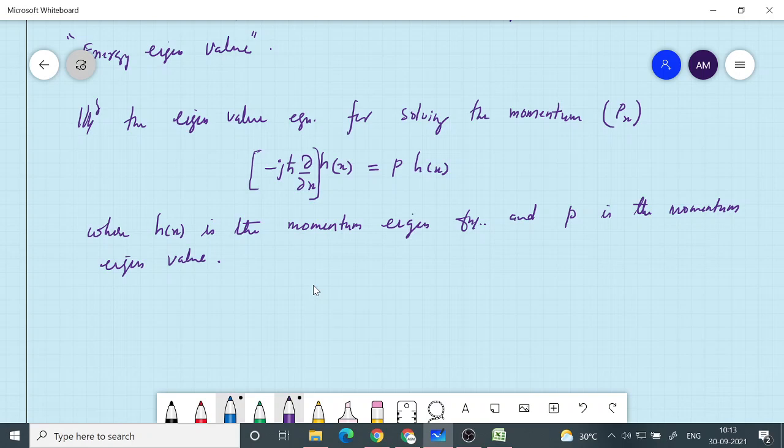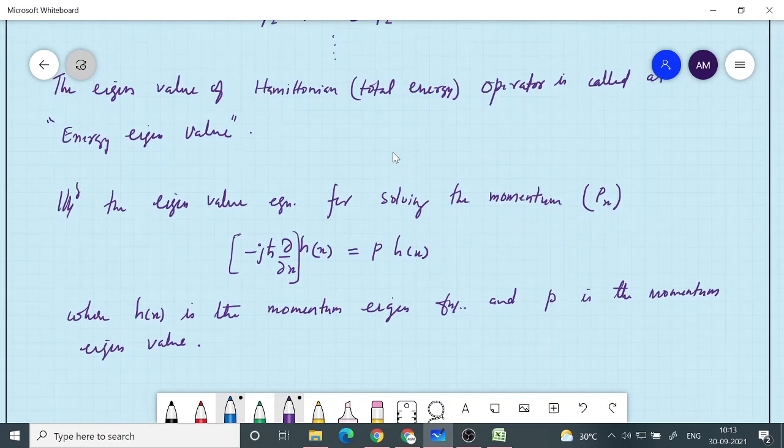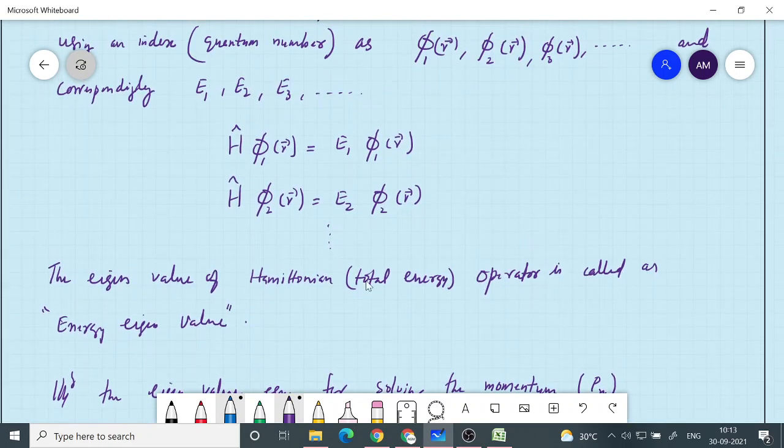The solution will give you the possible values which can be taken by momentum, and in most problems these values turn out to be discrete. It cannot take any value of momentum or any value of energy. It can only take certain values of energy.